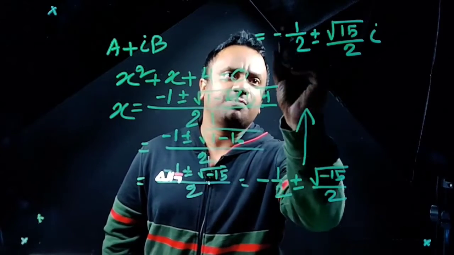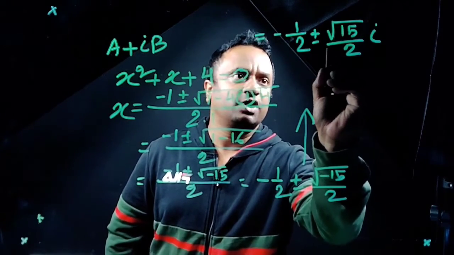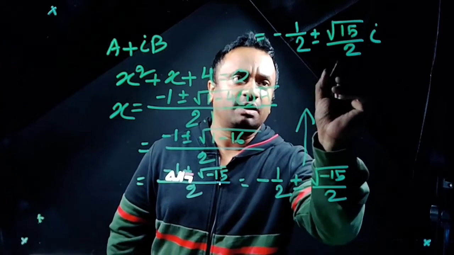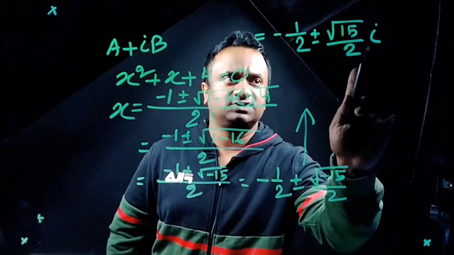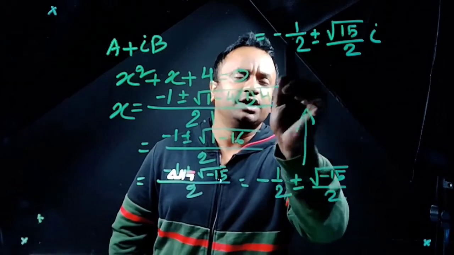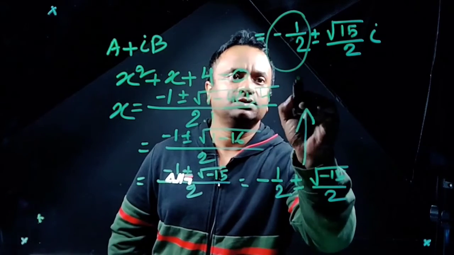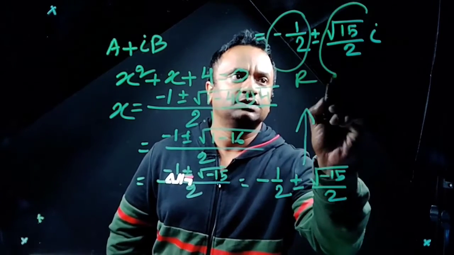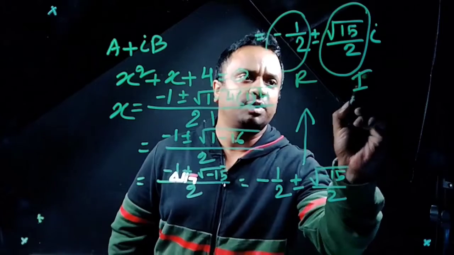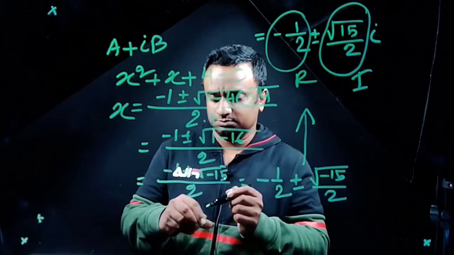You see here minus half is a real number and the square root of 15 by 2 is also a real number, but this number is associated with i. So this is a complex number where we have one real part, this is the real part and this is the imaginary part. So this is a complex number.